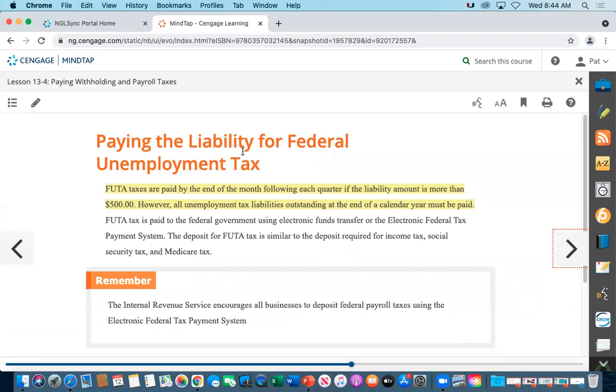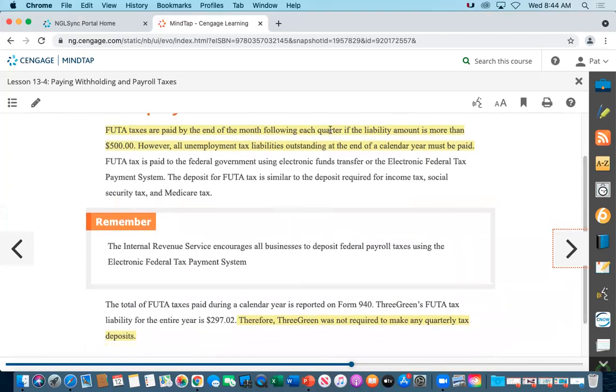All right, now we have to pay federal unemployment tax and state unemployment tax, FUTA and SUTA. Taxes are paid at the end of each month of each quarter if the liability amount is more than 500. That's not really anything testable either, just background information. All our outstanding liabilities and unemployment need to be paid up by the end of the calendar year.